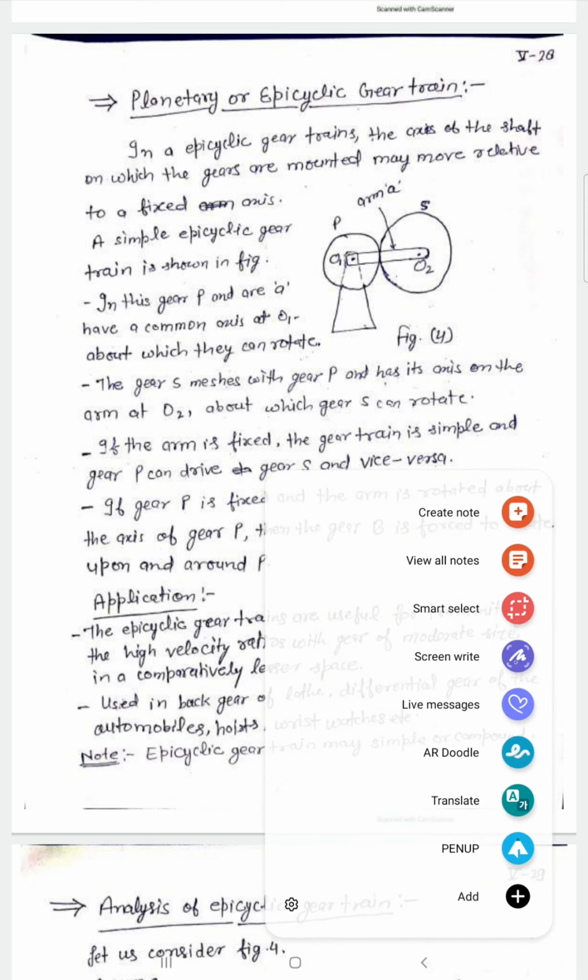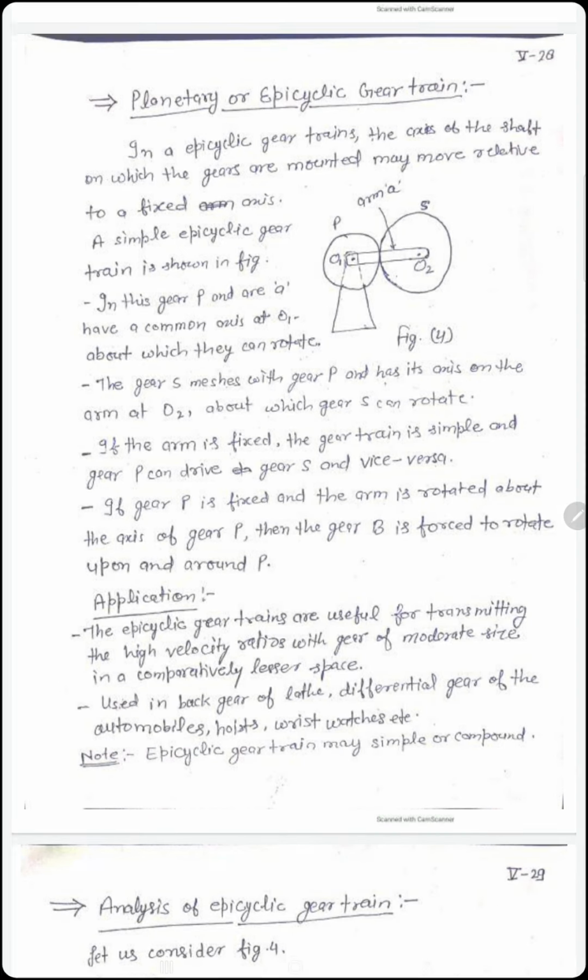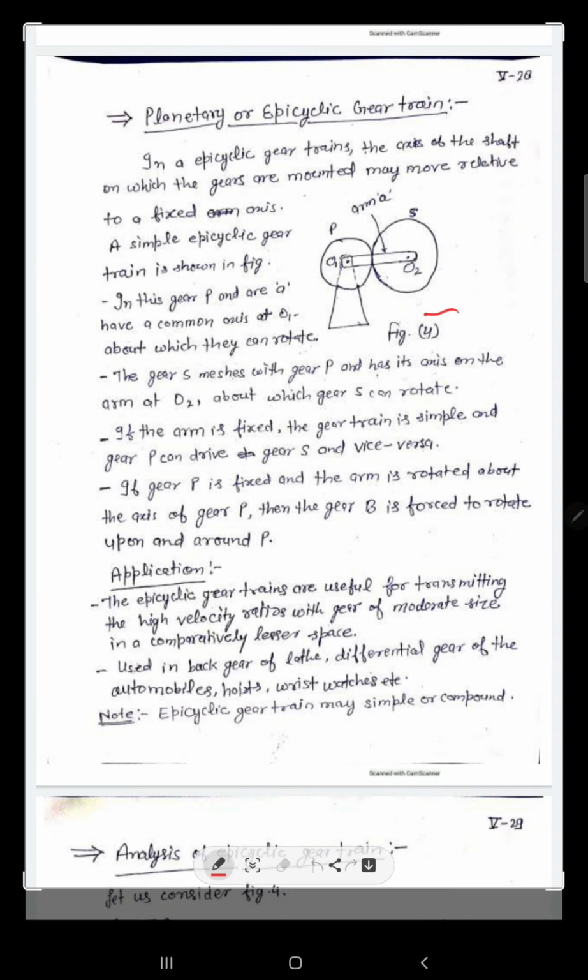We can understand this from figure number 4 here. A simple epicyclic gear train is shown in this figure. In this you will see that gear P and arm A have a common axis at O1, the center about which they can rotate.